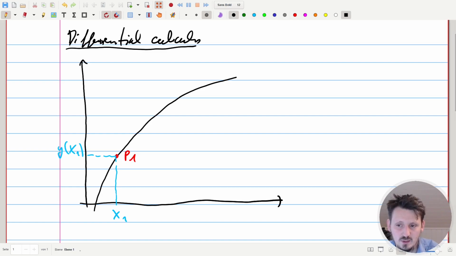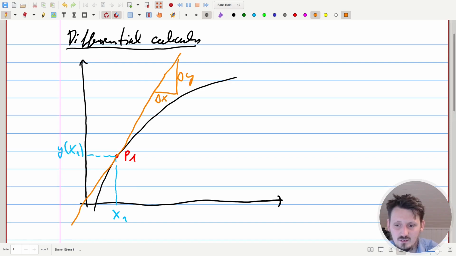So what we can do is draw a tangent to this function at this point P1. I will try to make it as good as possible. And then we can calculate the slope of this tangent very easily by just drawing this triangle, delta x, delta y.